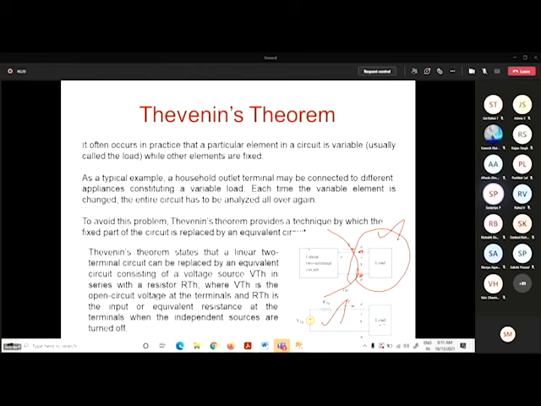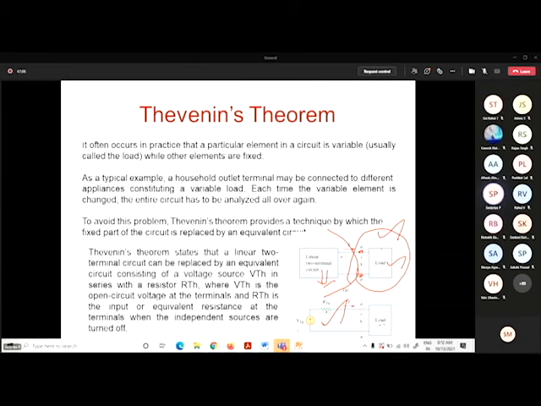Instead of solving the complete network for different load values, which is difficult, I just find the equivalent network for the remaining part. I replace it with an equivalent network consisting of Thevenin's voltage in series with RTH. Whereas in Norton's theorem, the remaining network is converted into a Norton current in parallel with a resistance. That's the difference between Thevenin's theorem and Norton's theorem.